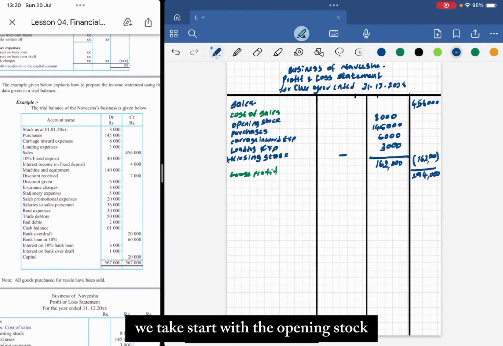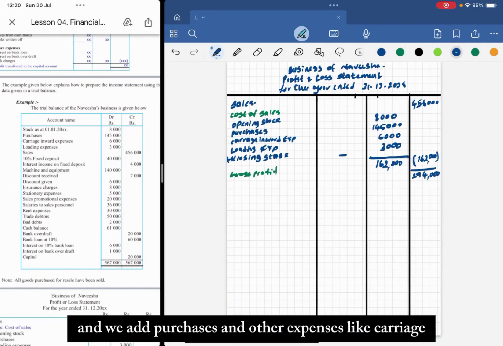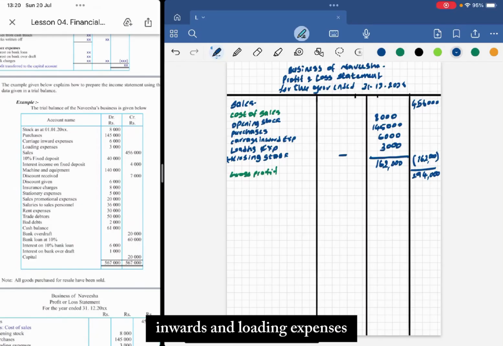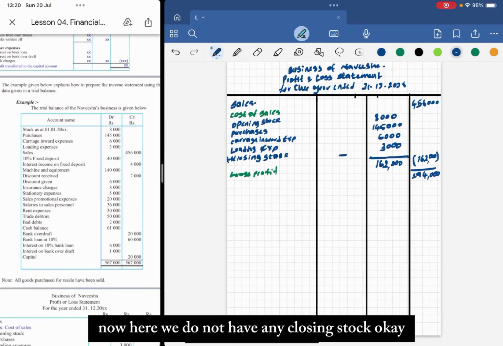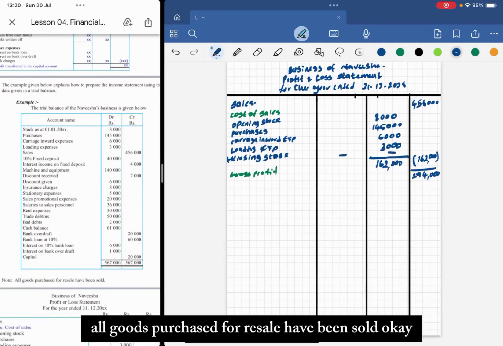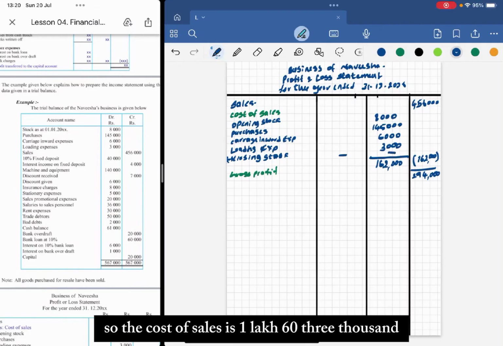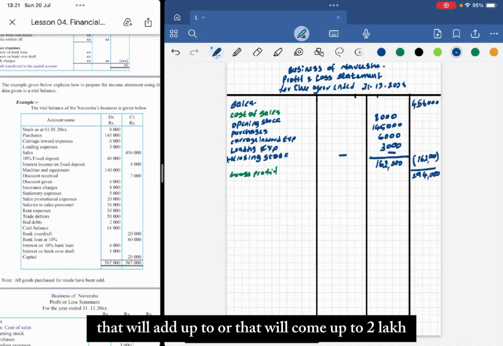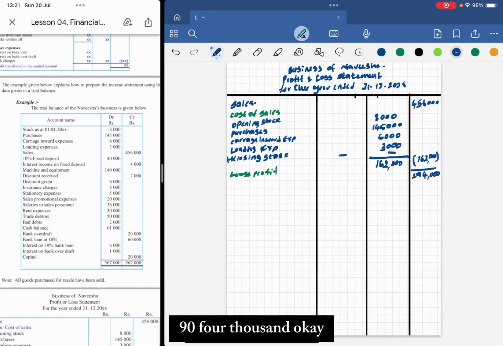We start with the opening stock, and we add purchases and other expenses like carriage inwards and loading expenses, and then we deduct the closing stock. Here we do not have any closing stock, because there is a note saying all goods purchased for resale have been sold. So the cost of sales is 1,62,000. When you deduct 1,62,000 from 4,56,000, that comes to 2,94,000.